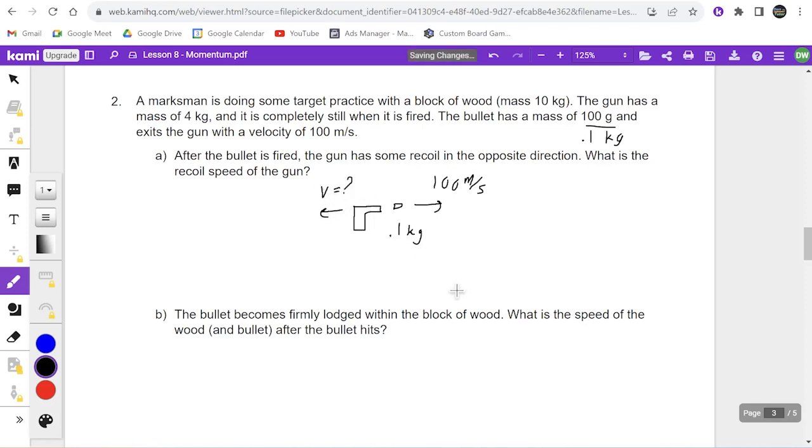Obviously, we're going to use momentum. P initial equals P final. So if this is the initial picture, can someone tell me what the final picture will be? Yes. I don't think I know. You are correct.